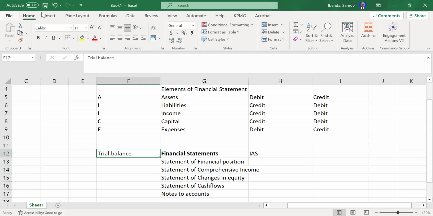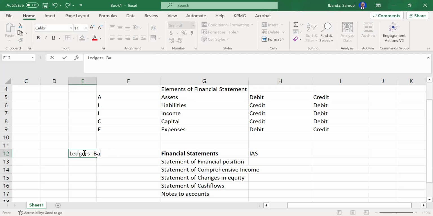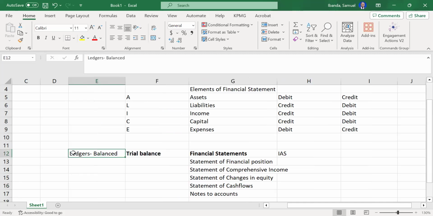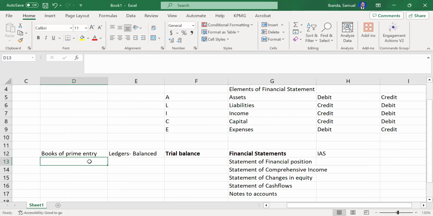And our trial balance picks information from the ledgers. It's the ledgers that are balanced off to give you your so-called trial balance. And where do the ledgers pick information from? They pick information from the books of prime entry, which are your so-called journals, sales journal, purchases journal, and so on.